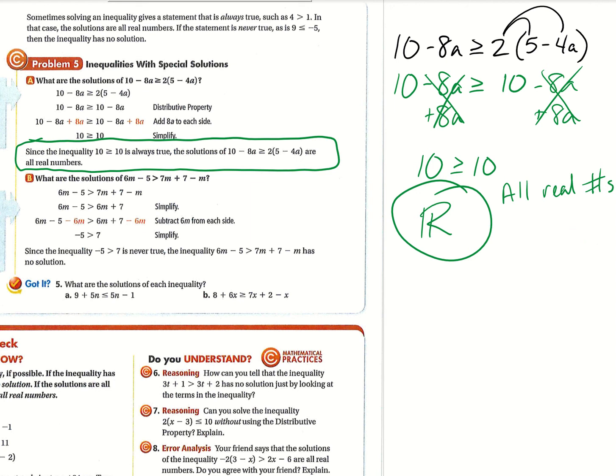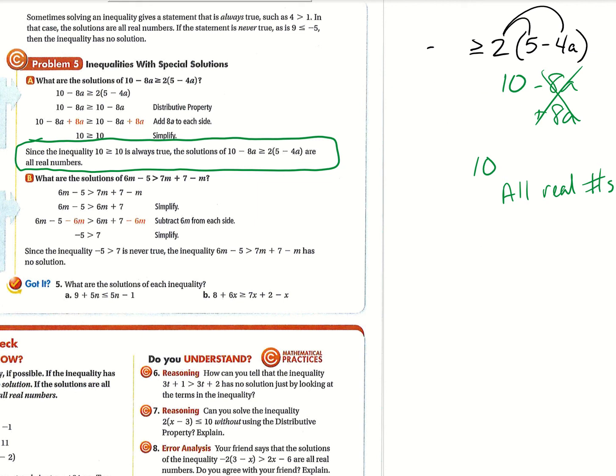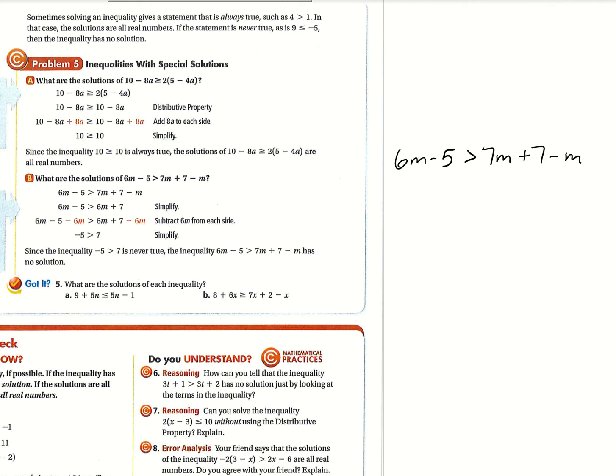All right. There's also problems like the one we have below, where we have 6m minus 7 is greater than 7m plus 7 minus m. If we were to go ahead and simplify that, so we have 7m minus m is 6m plus 7. Here I just combined like terms.